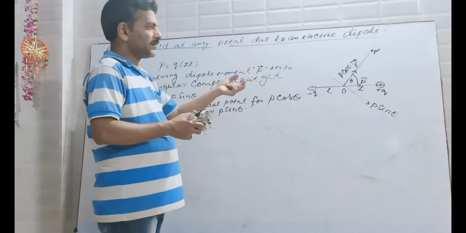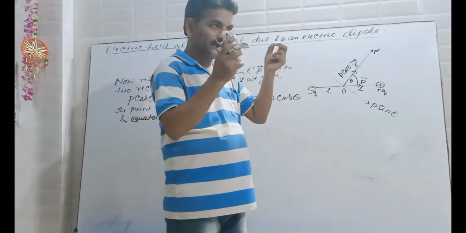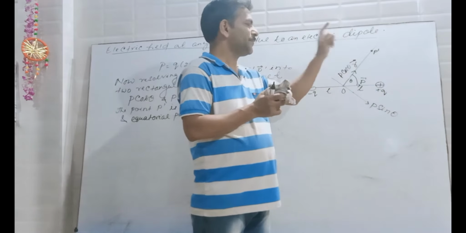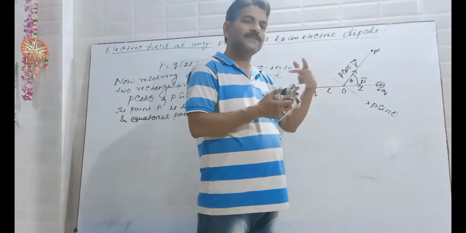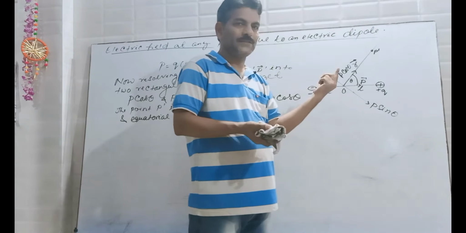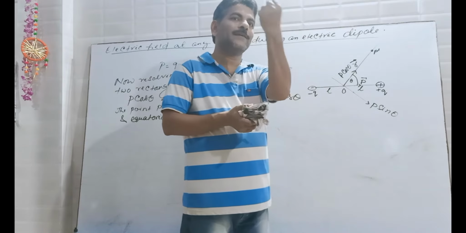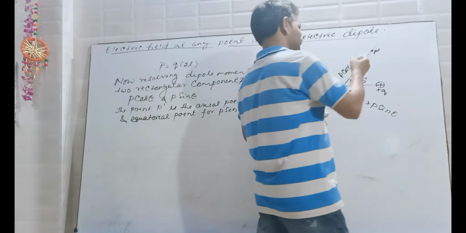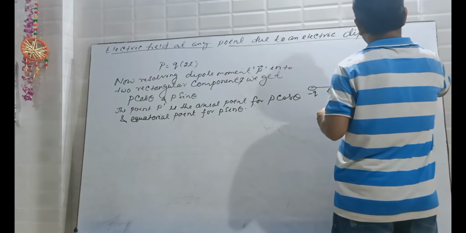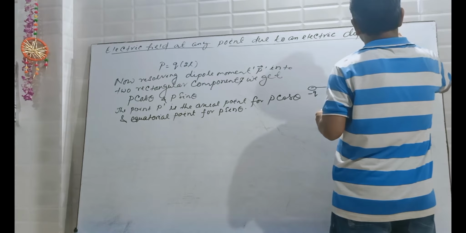So due to P cos theta, if we assume a dipole of dipole moment P cos theta, then P dash is the axial point. So due to P cos theta, we will get an electric field.